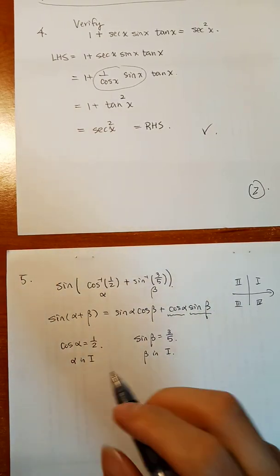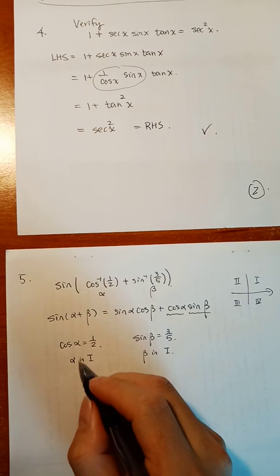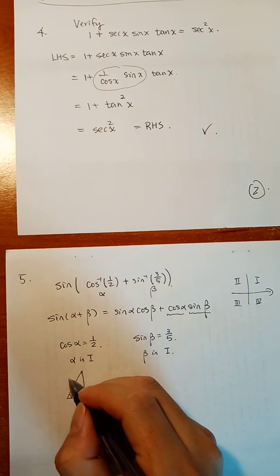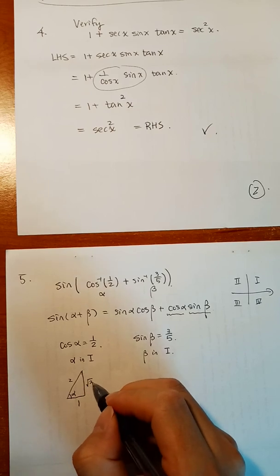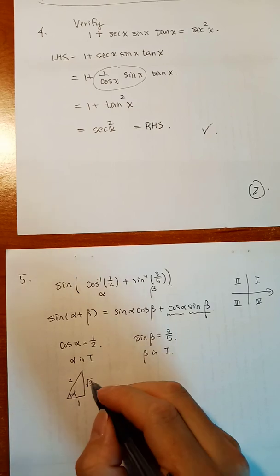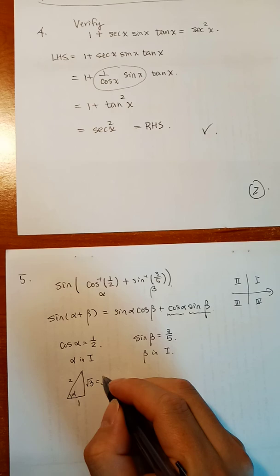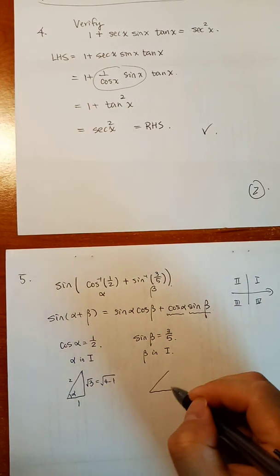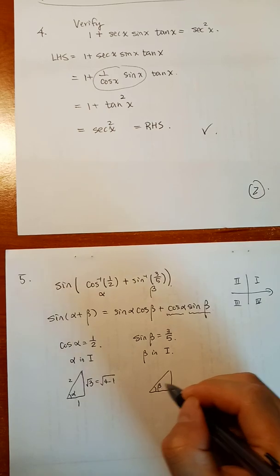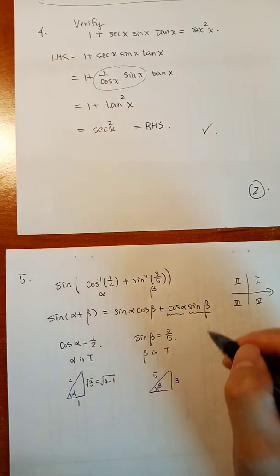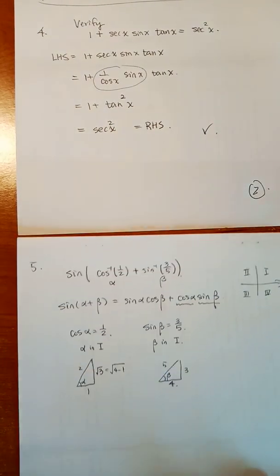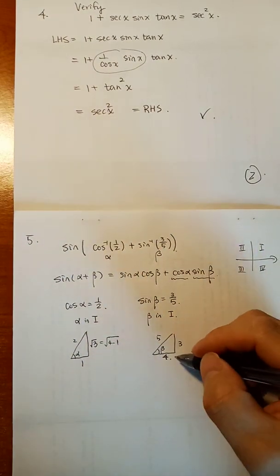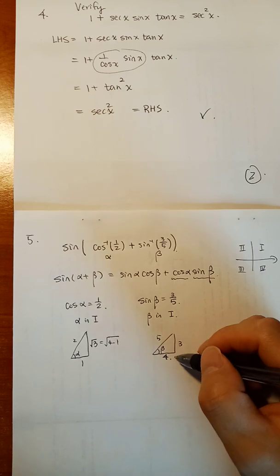Let's check cosine: this is alpha, this is 1, this is 2. Then by the Pythagorean theorem, the opposite is square root of 3, it's 4 minus 1. Here, sine: opposite is 3, hypotenuse is 5. So by the Pythagorean theorem, you can compute the other side is 4. Whenever you have a right triangle, 3, 4, 5 is always a right triangle.